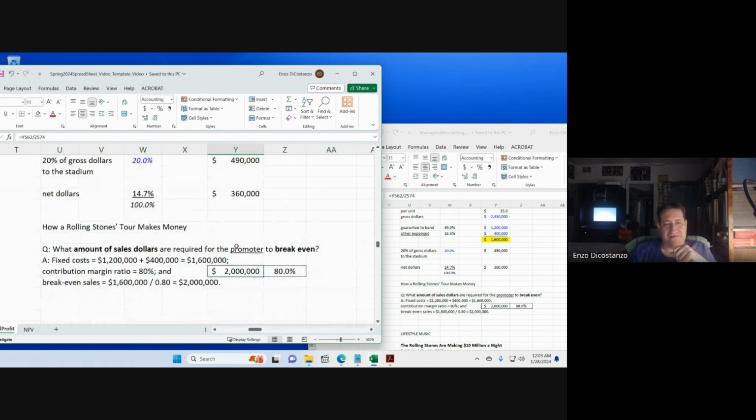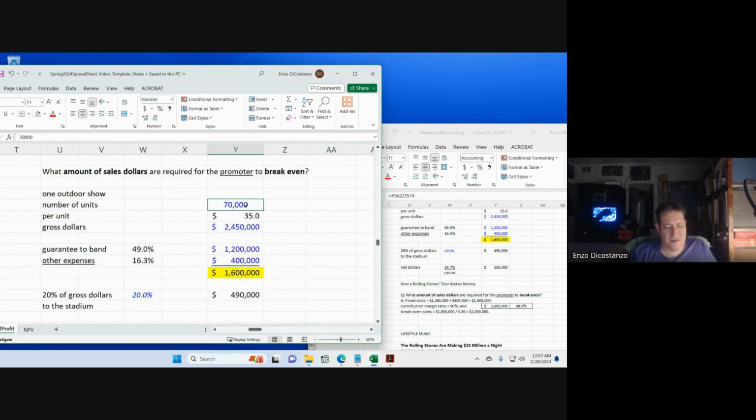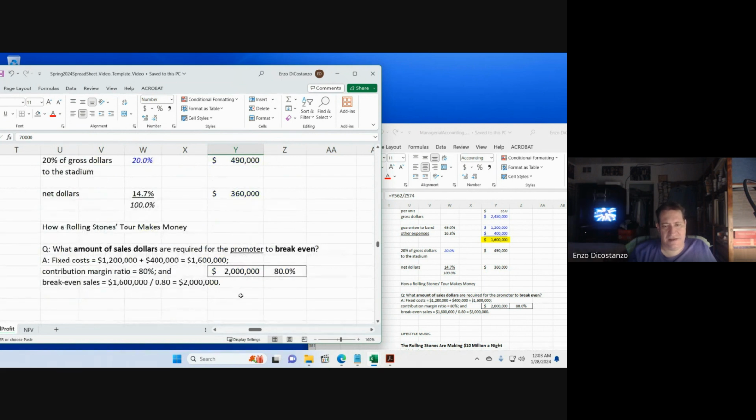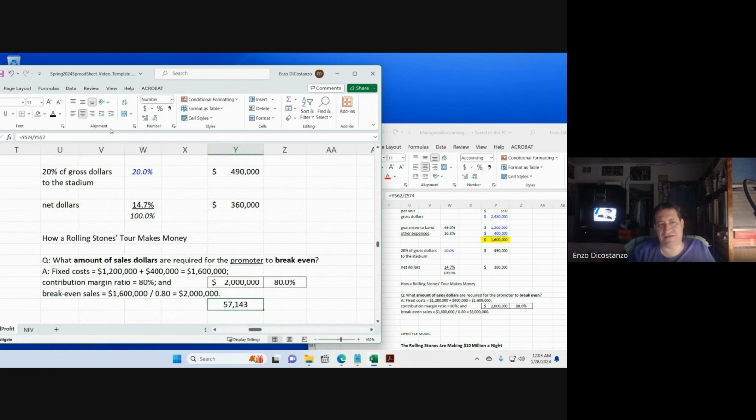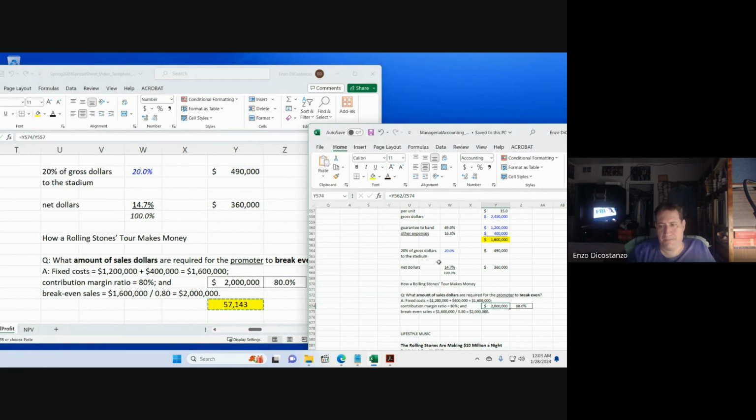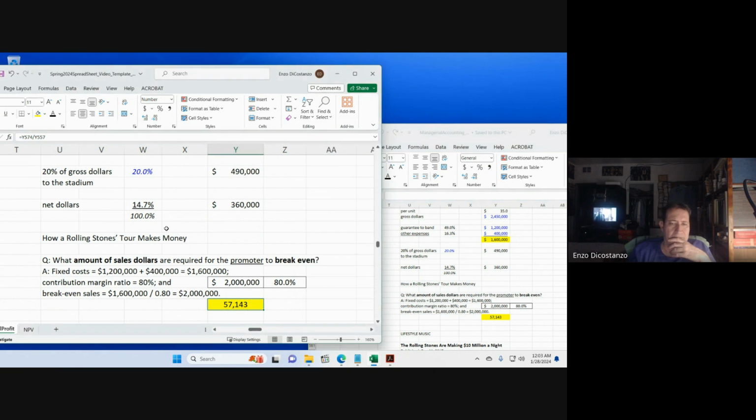And then in terms of people coming in, let's do this number. At the $34 a ticket, let's say equals this divided by your 35. It's no longer 70, but now you need 57,000 people to come in, and not the 70.